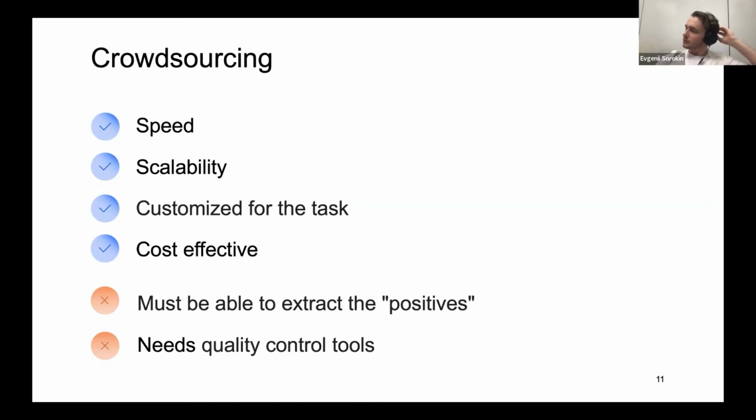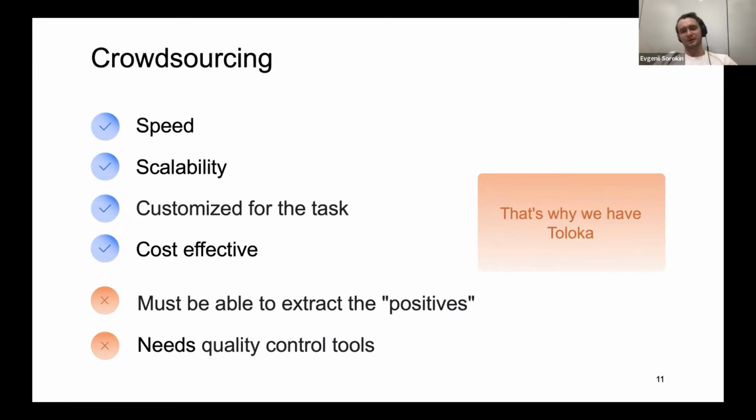Otherwise, some people will upload some bad pictures that do not make any sense. That's why we have Toloka, and I strongly suggest you to utilize automatic quality control tools. Okay, great. Let's move further.